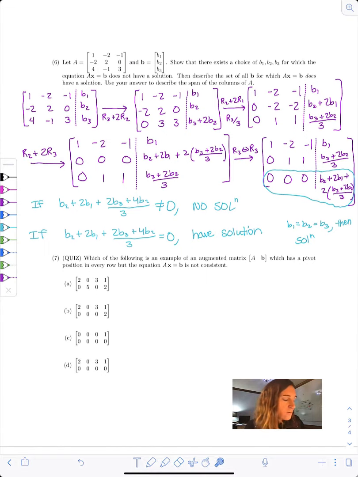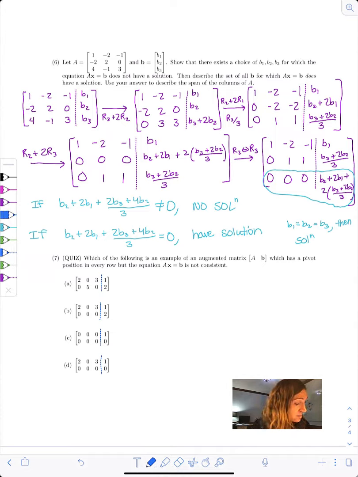Okay, so our next quiz asks you, which of the following is an example of an augmented matrix? So these are augmented matrices. Maybe I should make sure that is very clear by drawing our lines here. And we're looking for one that has a pivot position in every row, so every row of the augmented matrix.